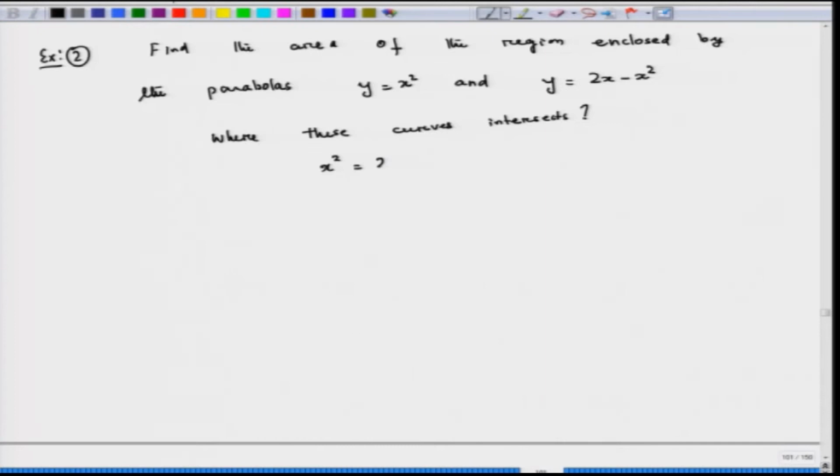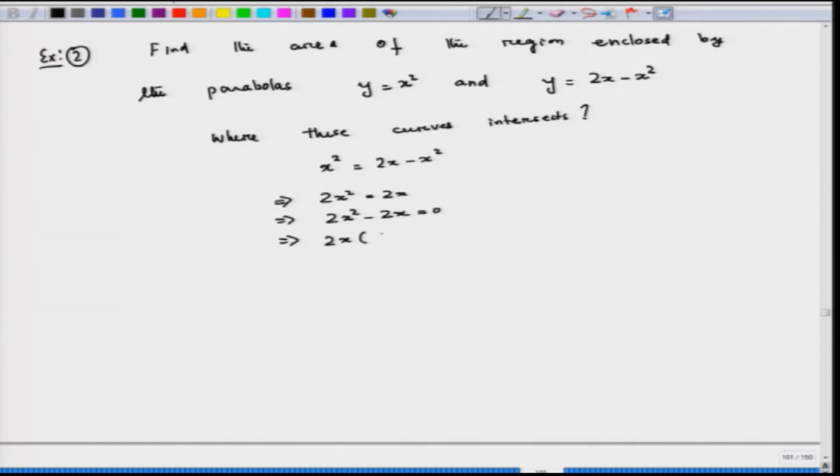So at those points this equation should be satisfied. This will imply that 2x square is equal to 2x.